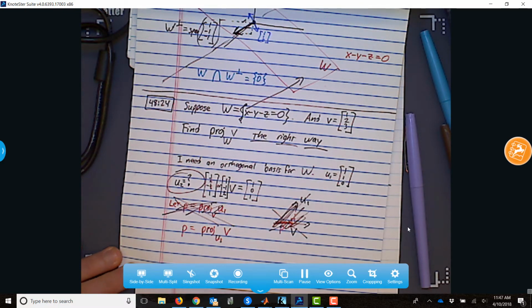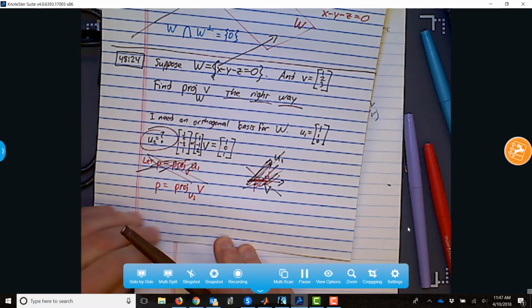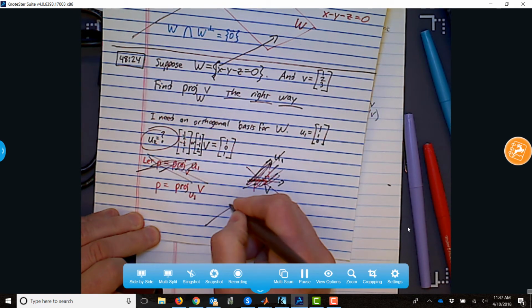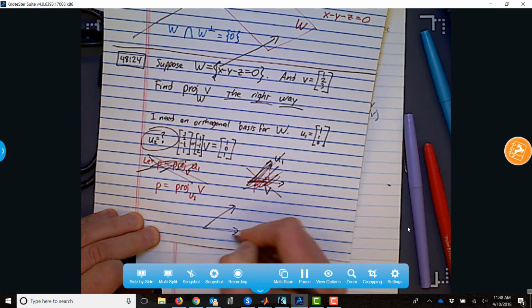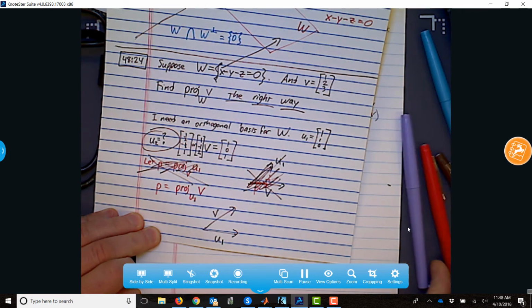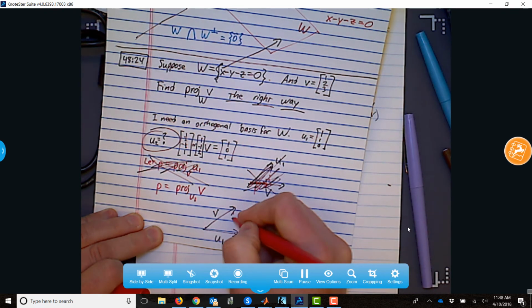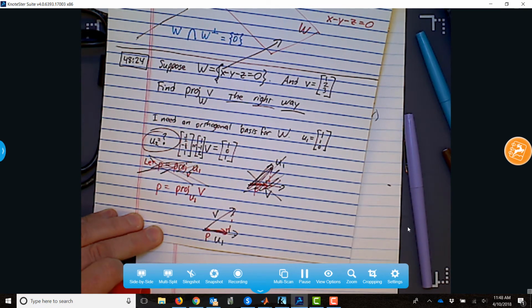So let's draw the picture again. Okay, so where are we at? We have U1 and V, right? Since I'm going to be projecting onto U1, here's U1, here's V. So the projection is going to be right here. That's P. Are you with me?